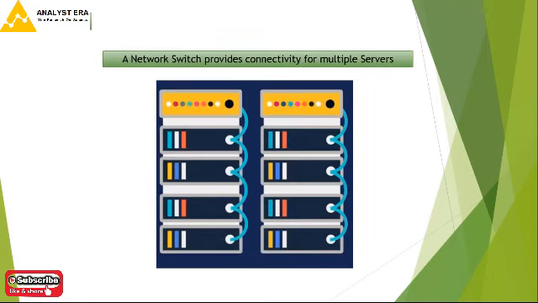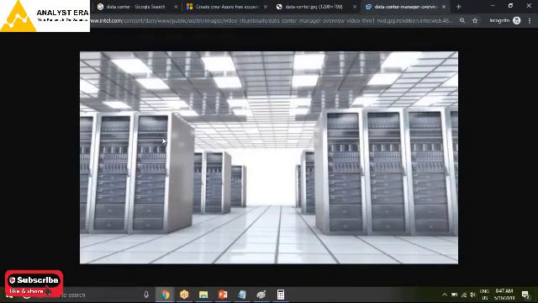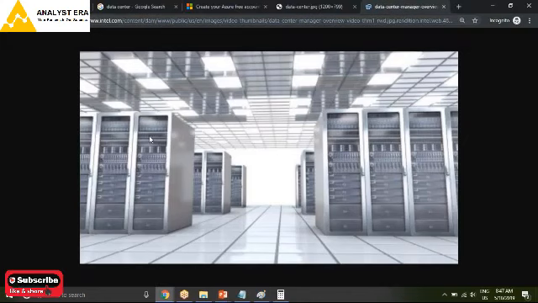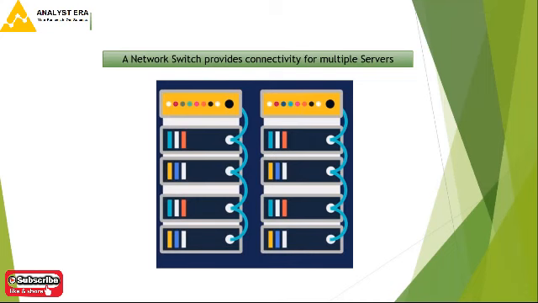And a network switch provides connectivity to all these multiple servers. All of that is hidden. I am doing a post-mortem and seeing it here. It is all hidden within this box. So everything is inside that box. A network switch connects all these racks together.